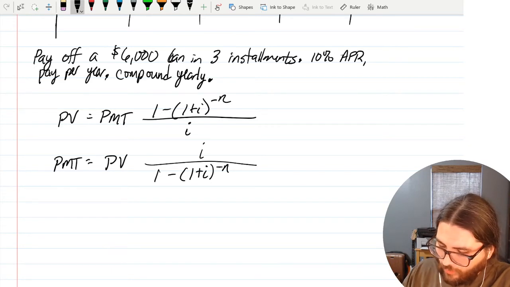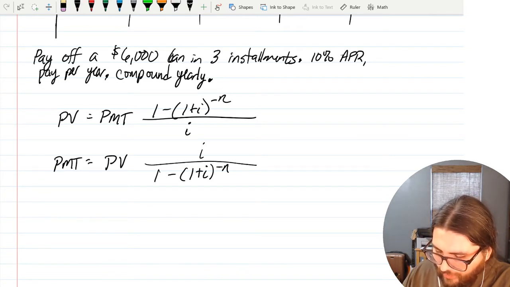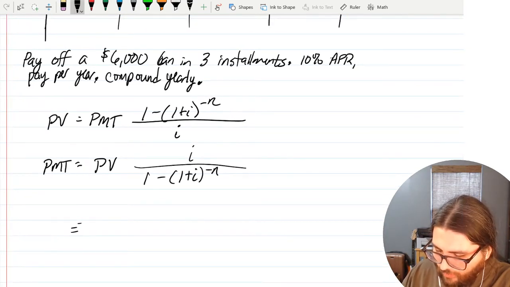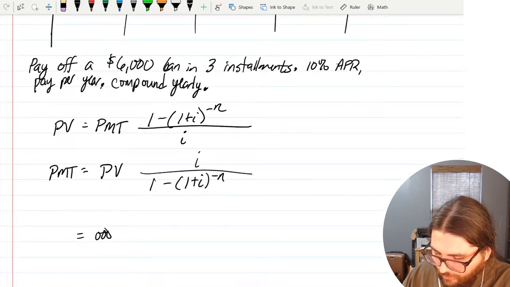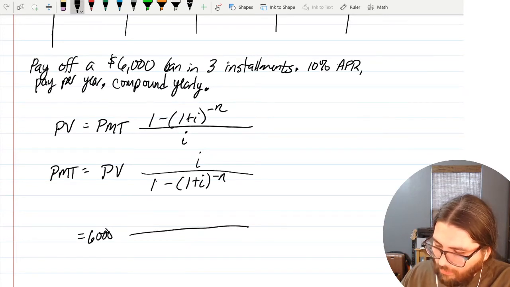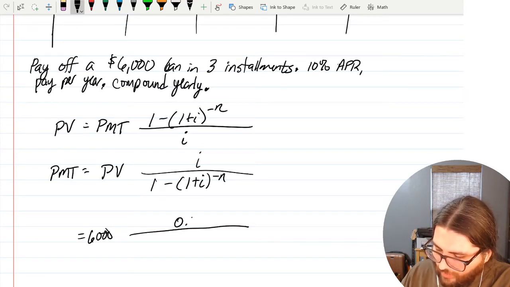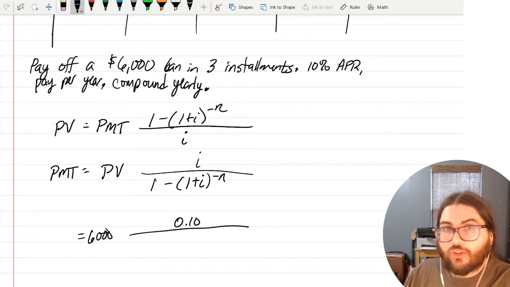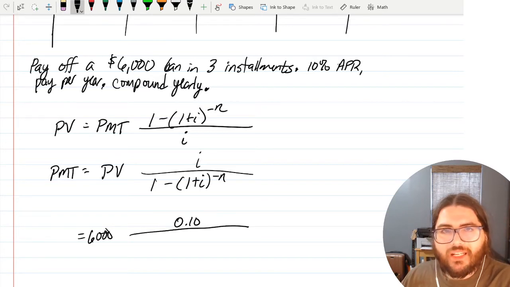Now that it's in this form, I can plug in my present value, 6,000, and then multiply times this fraction. My I was 10%, and since that's an APR, it's not split up by month or by quarter. I don't need to divide that by anything.